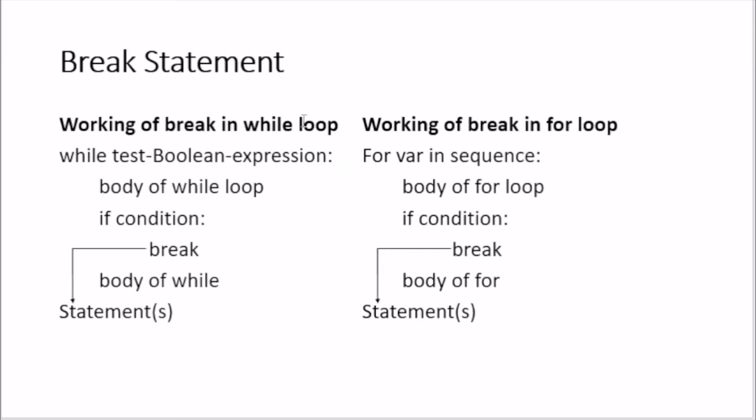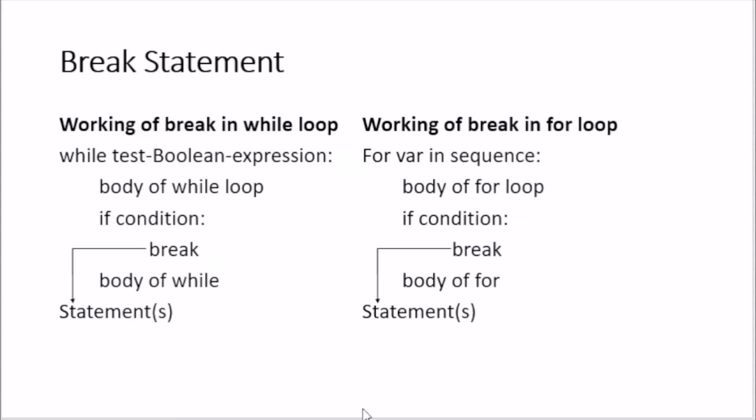Same is the case for your for loop as well. In for loop, we can specify a condition inside the if statement. If my condition becomes true, break is going to execute and break will terminate the loop immediately.